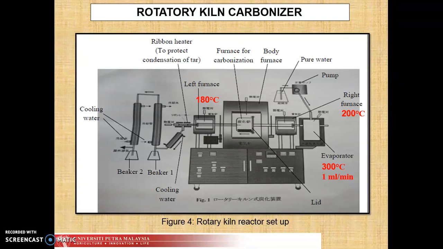It decomposes the activated sludge, leaving behind carbonized solid. The product gas will leave the reactor into the left furnace and then to the cooling part. The condensed liquid will be collected in beaker 1, while the non-condensable gas will be collected in beaker 2 using the water displacement method.